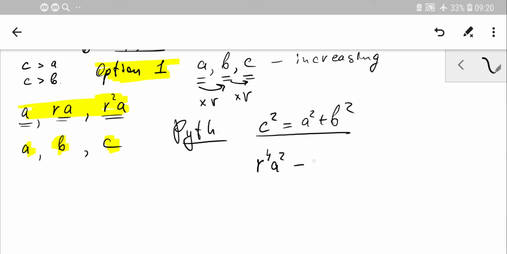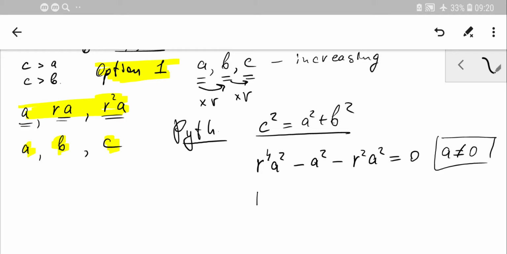So A squared, and minus B squared, in this case is r squared A squared, equals 0. Because A is a non-zero value, we can cancel by division, and finally we'll get r to the fourth, that's (r squared) squared, minus r squared minus 1.